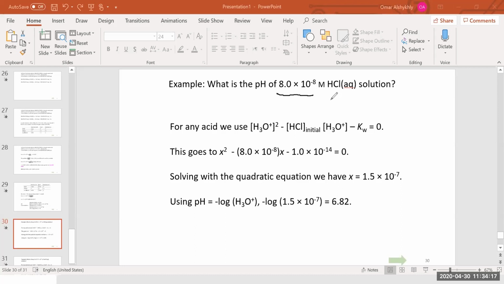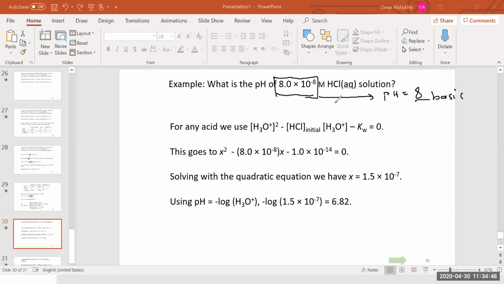Now, look here. HCl here, it is a strong acid. But look at here, it is very diluted solution. So here, it doesn't make sense that the pH will equal approximately around 8 because it's acid. Now 8, it is a basic.